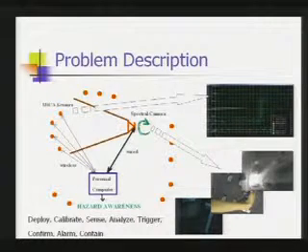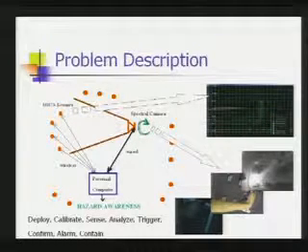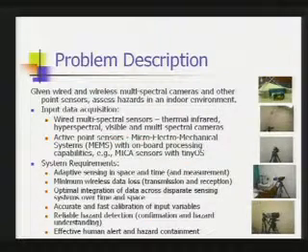So you are really trying to put together multiple sensing devices, gather the information, figure out where the sensors are, at what time the measurement was taken, and what kind of hazard is occurring. So if I want to describe the problem, I would say, given wired and wireless multi-spectral cameras and other point sensors, assess hazards in an indoor environment.